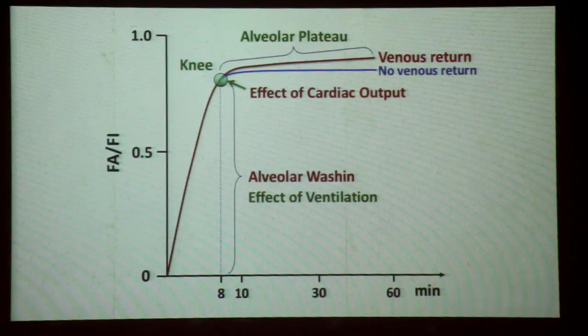So there are 3 things being produced. One is the effect of ventilation, which produces an immediate rise. It doesn't continue to rise because the blood takes away the inhalational agent, and that is the effect of cardiac output. Then you get a plateau which is upsloping because there is venous return, and some vapors are returning as the tissues get saturated with inhalational vapors.